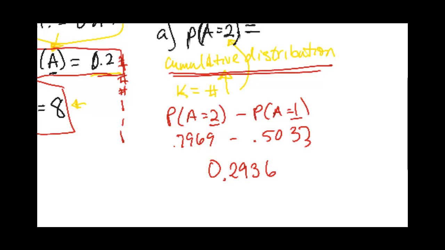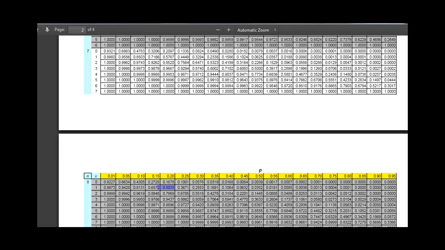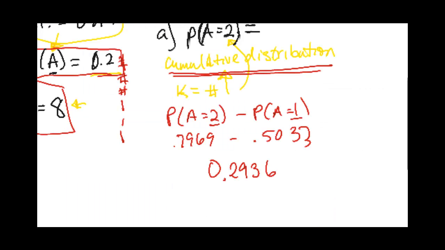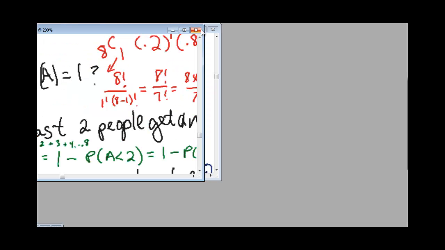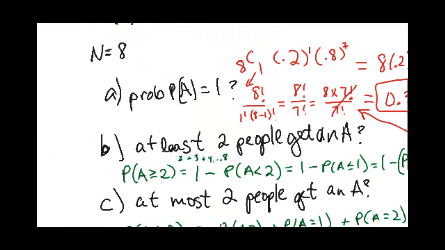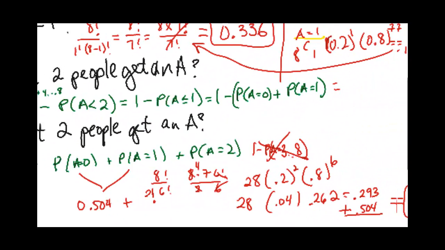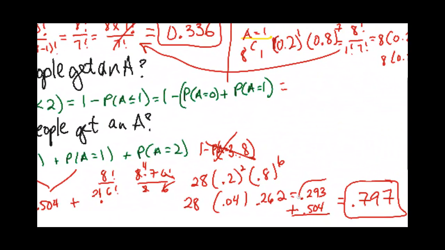Let's see, is that what we got when we did it the other way? Did we do 2? Yes, we did, because we had to add it up here. And yes, there is that 0.293 that we got when we did it the other way.